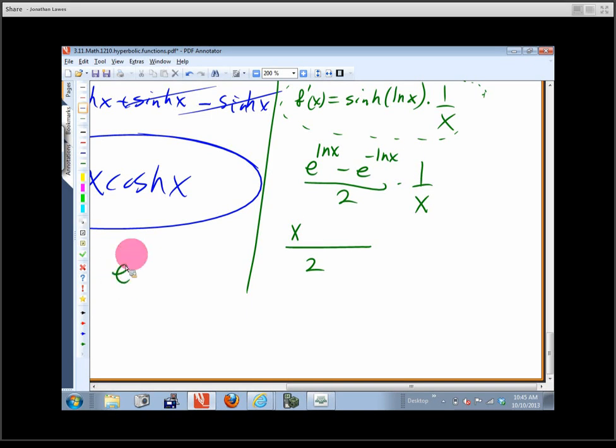Tell me what e to the negative ln of x is. What is it? Juan's got it. It's x to the negative 1. In order to allow these to undo each other, I need to slide that negative out of there. So here's what we do. We write this as e to the ln of x to the negative 1. Now they can undo each other, so I have a minus x to the negative 1. Good there?